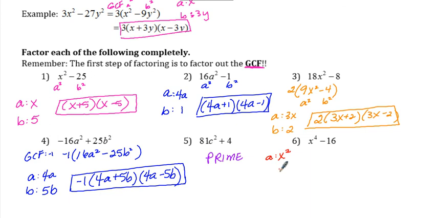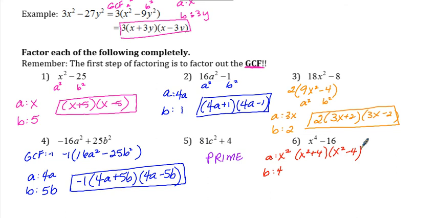The thing that got squared to make 16 must have been 4. So we'll build our factors, x squared plus 4 and x squared minus 4.